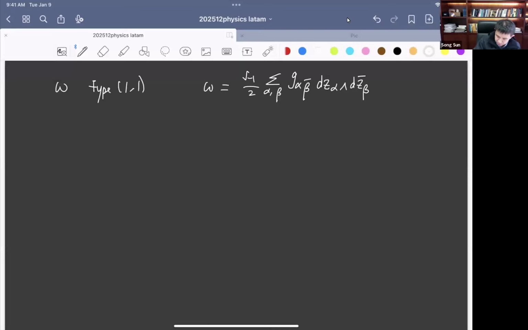This is linear algebra: over the standard complex vector space, a real-valued 2-form of type (1,1) can be written in this basis, and g alpha beta-bar is Hermitian. Because omega comes from the Riemannian metric, it is actually a positive definite Hermitian matrix.